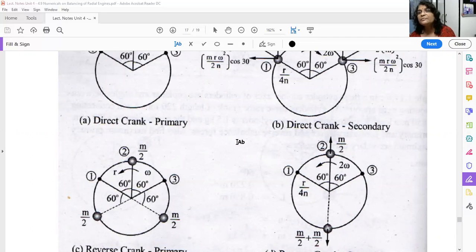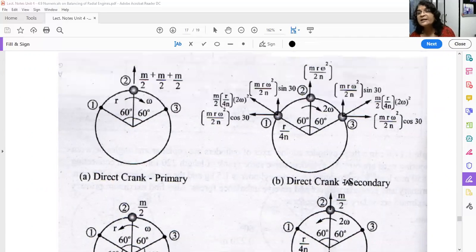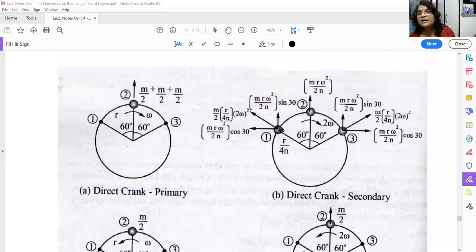Now let us analyze secondary direct unbalanced force. See, 3 masses are here. This force is in this direction, this force is in this direction, this force is in vertical direction. So the horizontal component of this force will be balanced by the horizontal component of this force. Now what is remaining? This vertical component plus this vertical component, that is sine 30 of sine 30, and plus this vertical component.